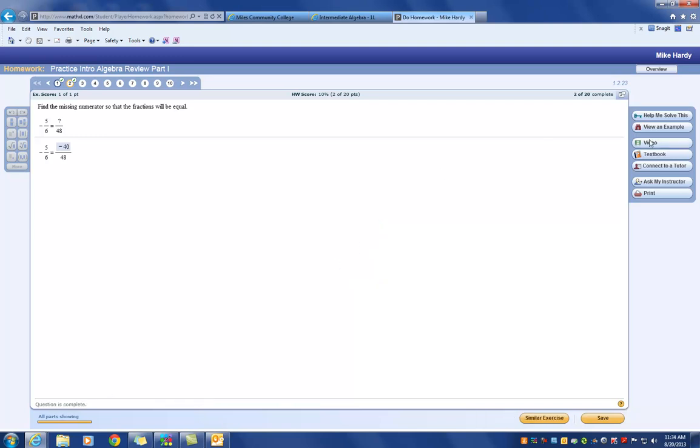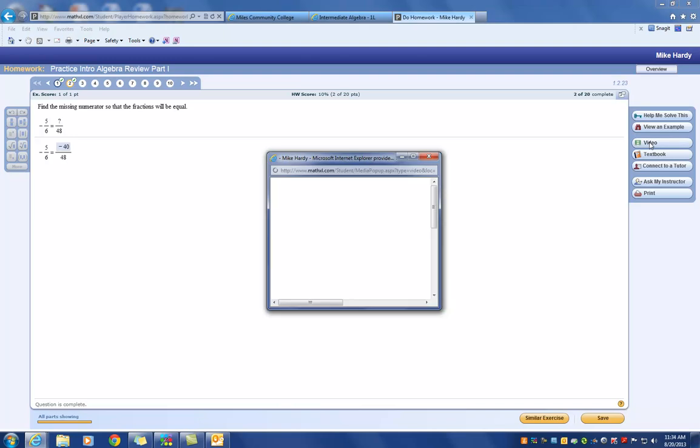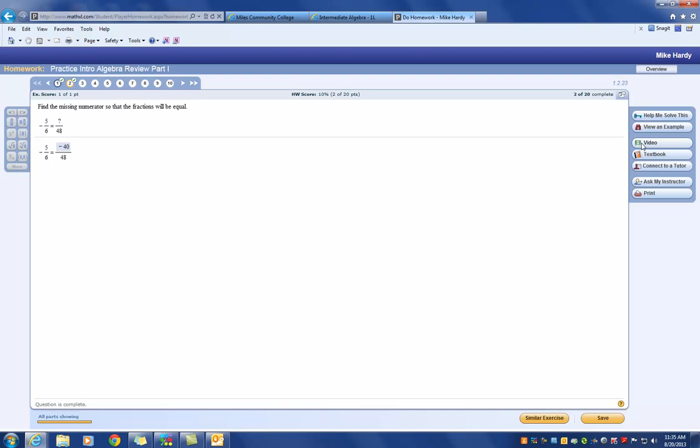Okay. Other options you have: video. We'll show a video example of a problem like this. I'm not sure if the video thing's such a good idea today with the computer being kind of slow, but this will pop up a video and it will just take you right to an example fairly similar to this.